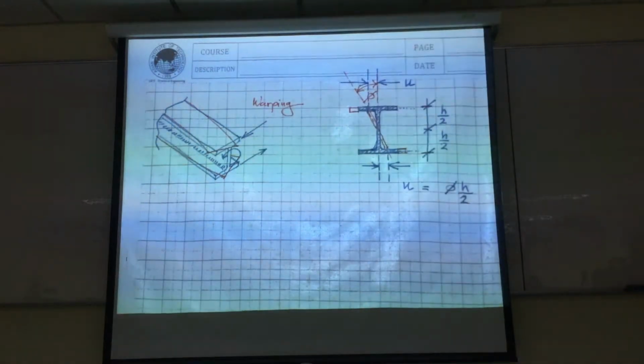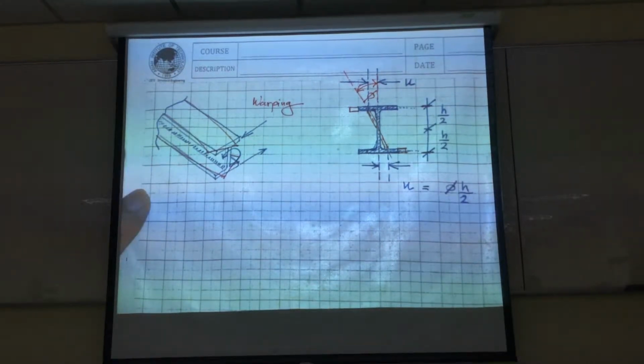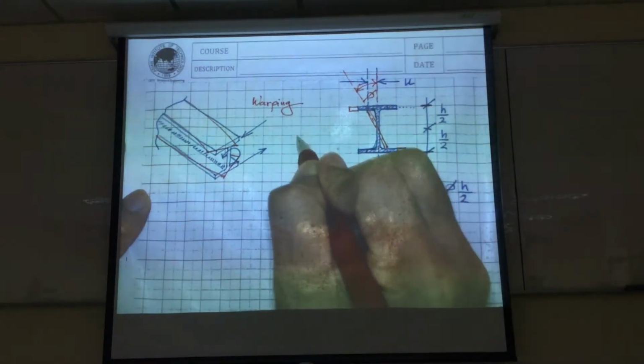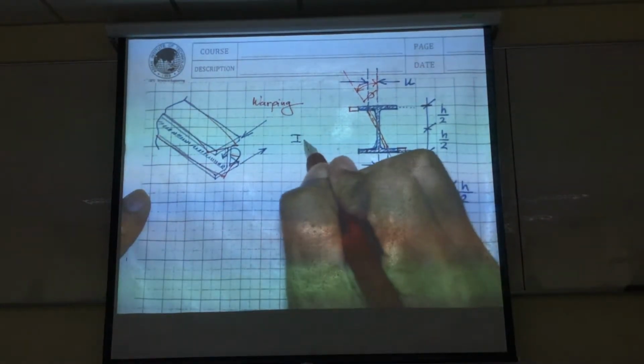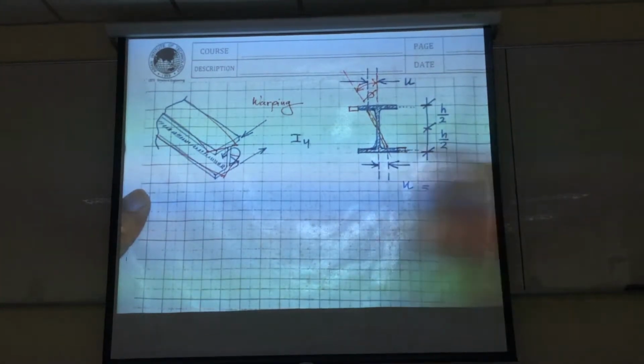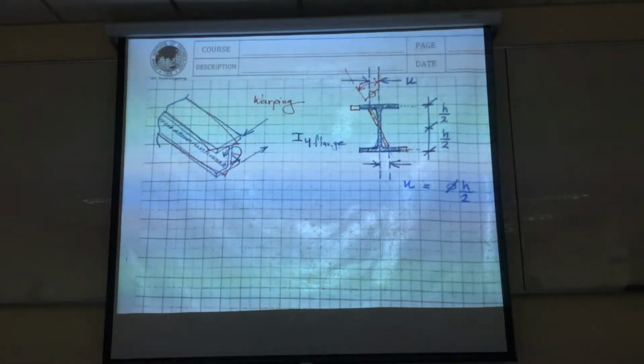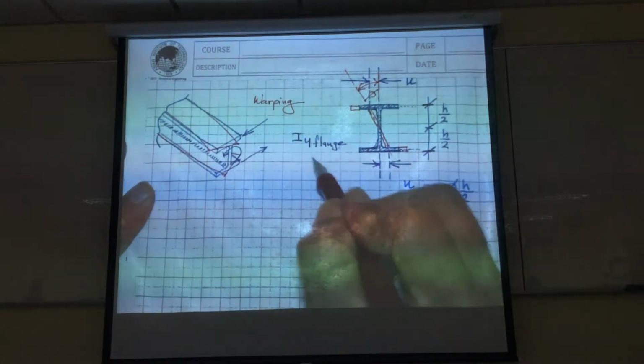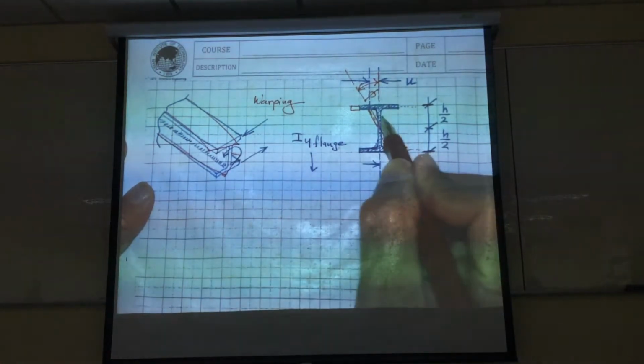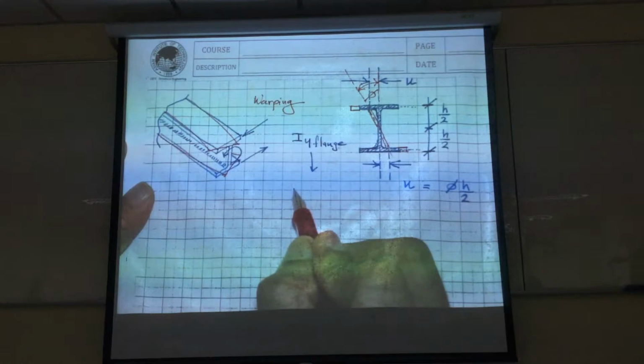So it go into the side. This is the plane of your flange. Your flange will be under this sort of flexure. Okay, so it is a stiff axis of the flange. So we are talking about I subscript C of flange. Right? IC flange, what is it? It is simply just, if you refer to this picture, you'll be having just the flange.